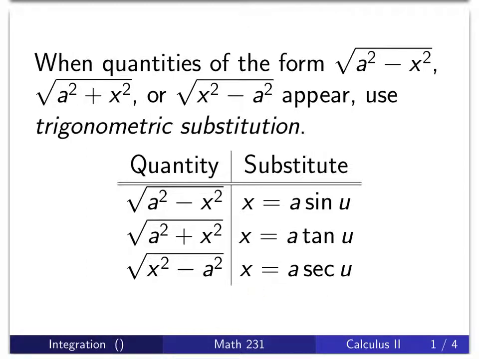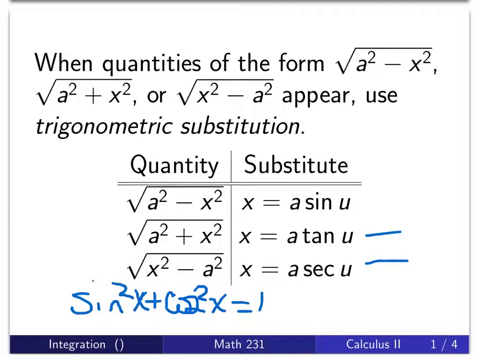What we're doing is taking advantage of trig identities similar to sine squared x plus cosine squared x equals 1, and the one cousin, tangent squared plus 1 equals secant squared. That would be useful in these last two.